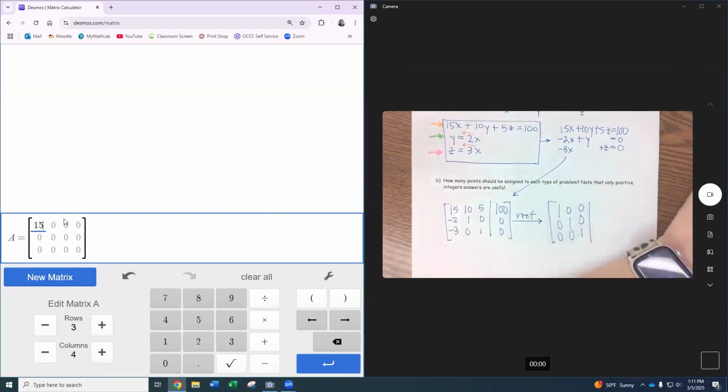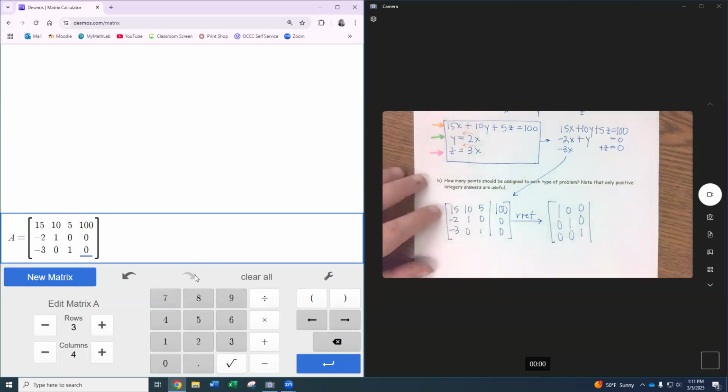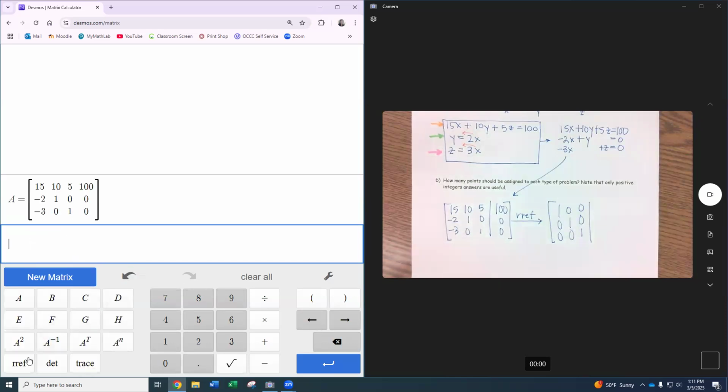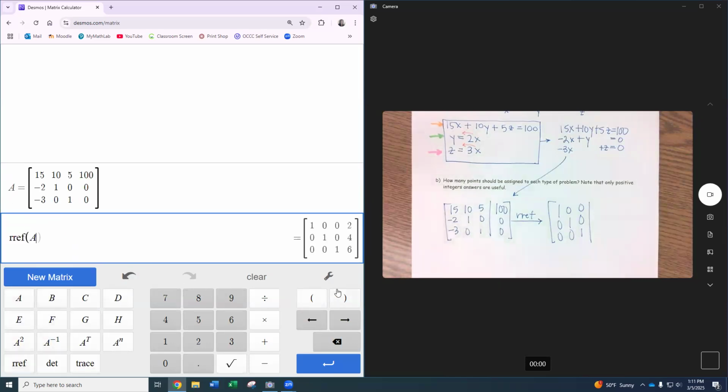I'm going to type that in. And then we will check. Okay, I like mine, so I'm going to hit enter. And we'll do RREF matrix A again.